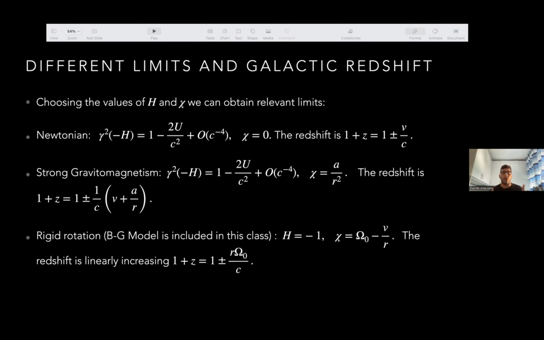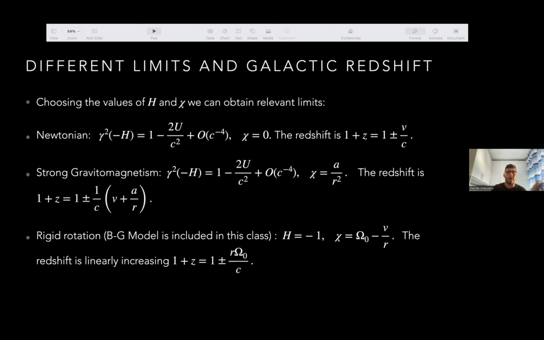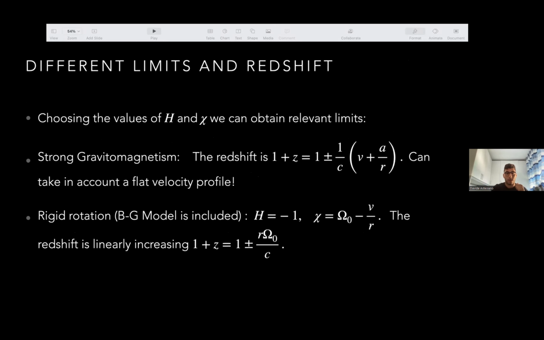So also the Cooperstock and Tieu and whatever model you may have, if you fix the function in the rigid rotating case, because rigid rotation is a subclass of solutions of the general class. So in the case of Balasin and Grumiller, for example, we have a linearly increasing redshift as measured from an asymptotic inertial observer.